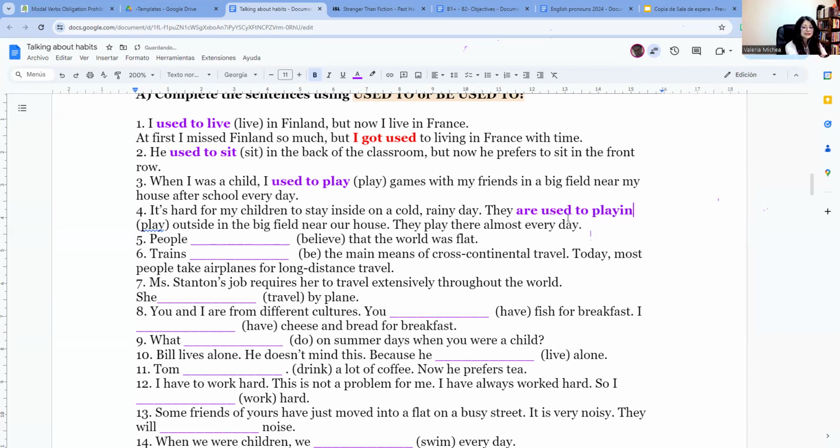They're used to playing. Why? Because we are talking about the present. It's hard. So we know that now in the present, it's hard for my children to stay outside on a cold rainy day. Because now in the present, they are used to playing outside in the big field near our house. They play there, again, present, almost every day. Right? So everything is in the present. We know that it's a present habit.